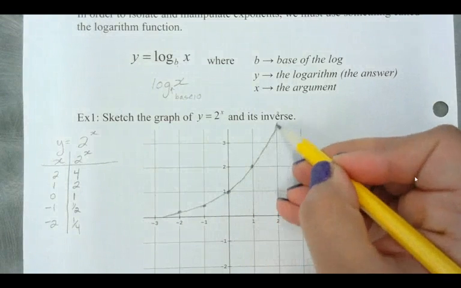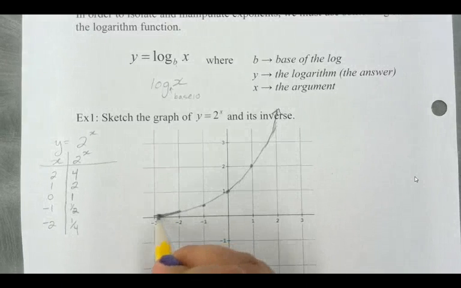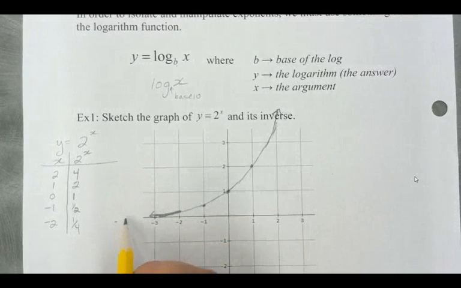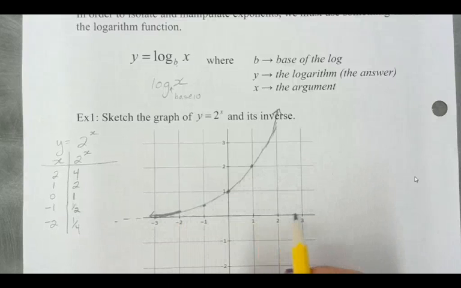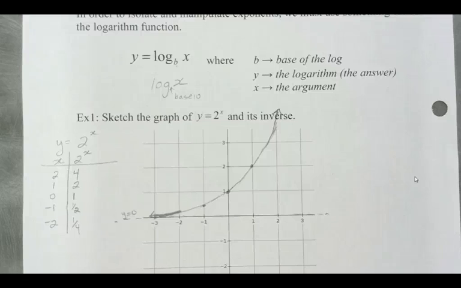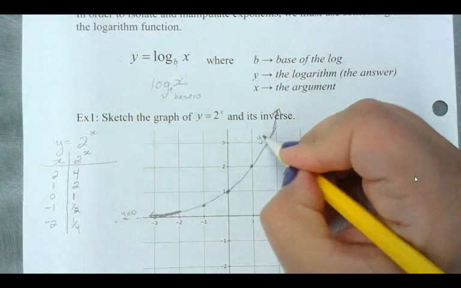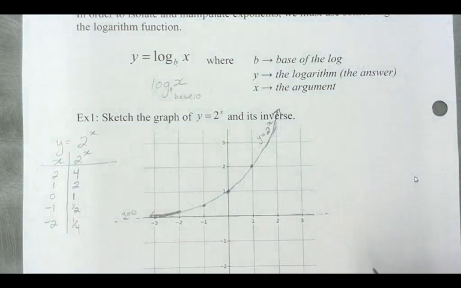This is what happens here, folks. This is an asymptote right here. So we've got y equals 0 as our asymptote. I should label this graph so we know which one we're talking about, 2 to the power of x.